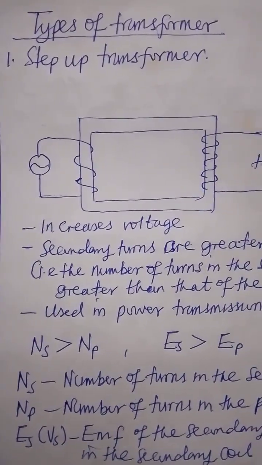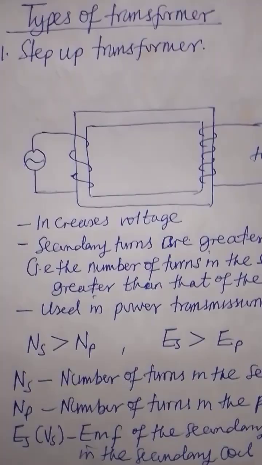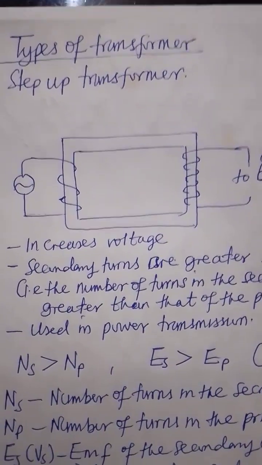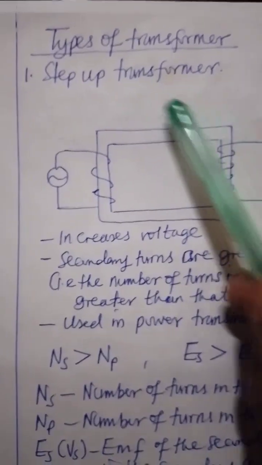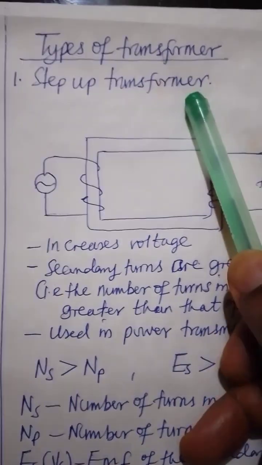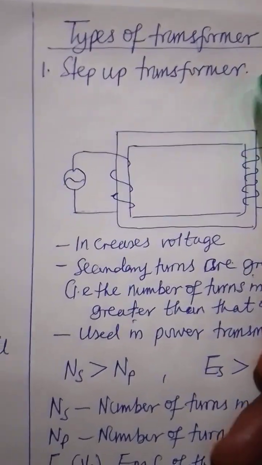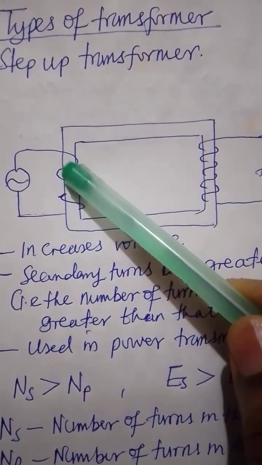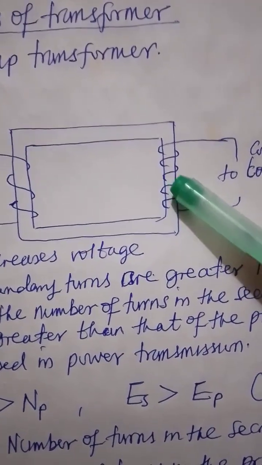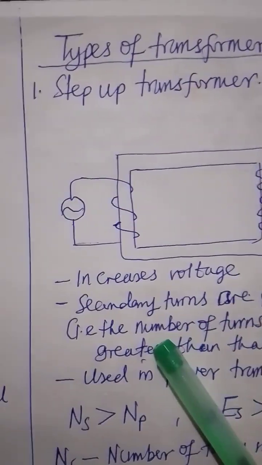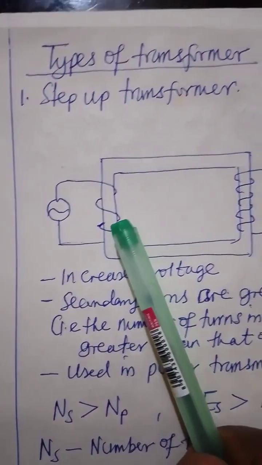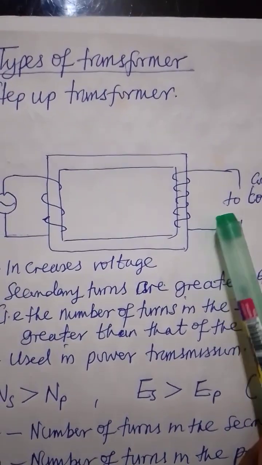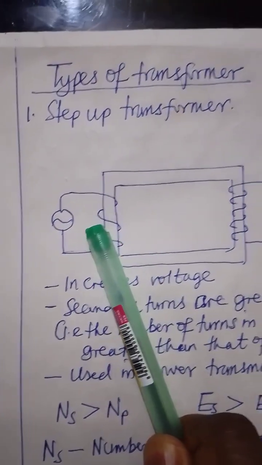This will take us to types of transformer. We have basically two types of transformer. Number one, we have the step-up transformer. In the step-up transformer, the number of turns, these are called turns, okay? So in the step-up transformer, the number of turns in the secondary coil is greater than the number of turns in the primary coil.